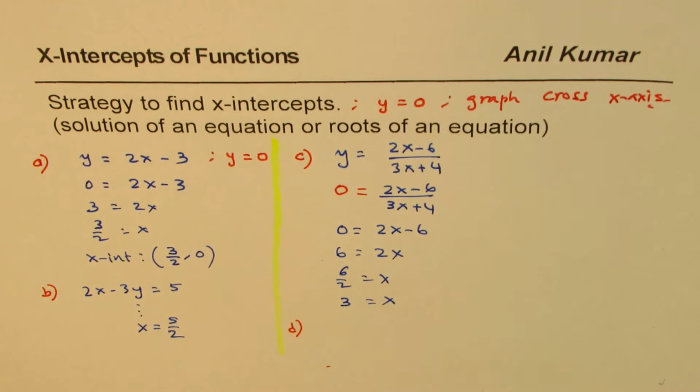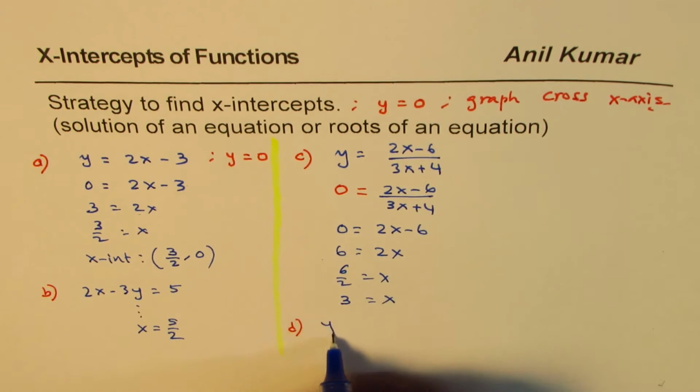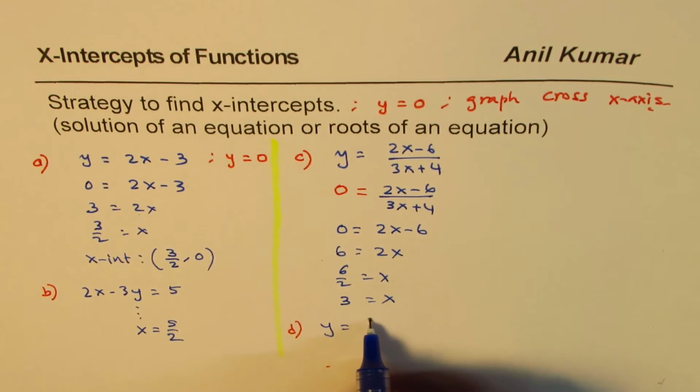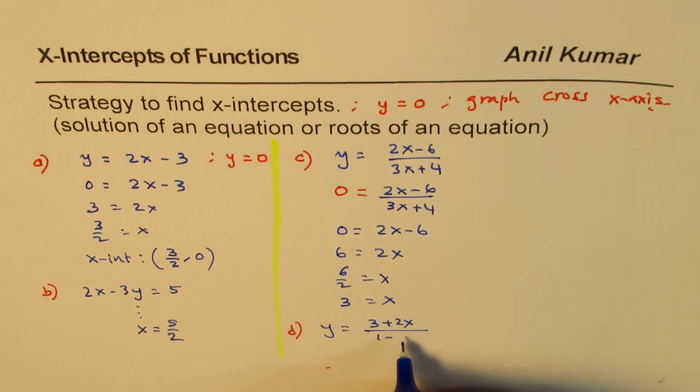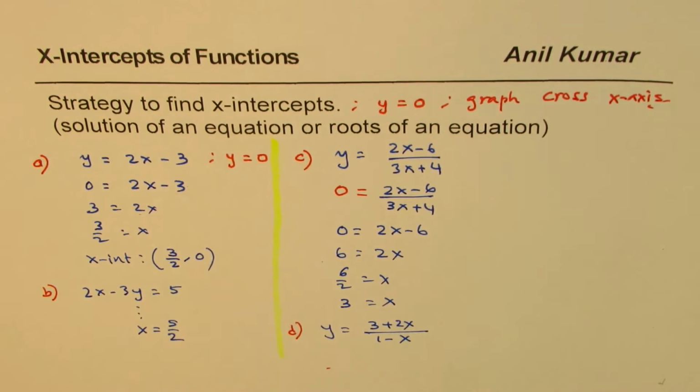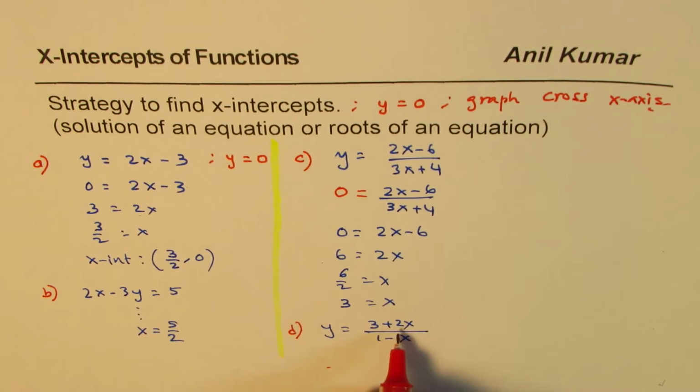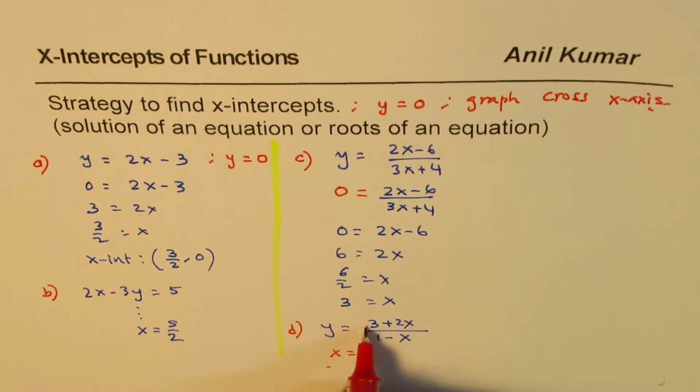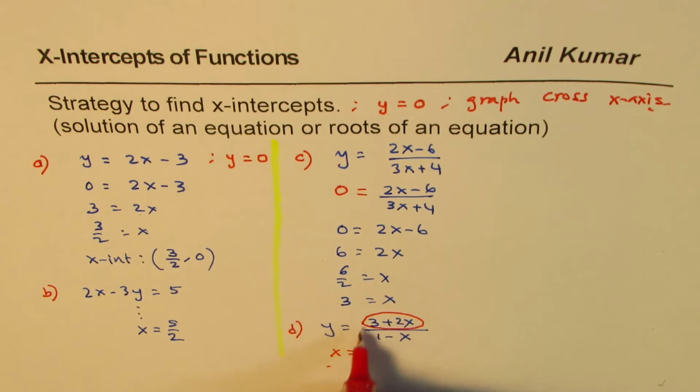Here is a practice question for you. Let me write this as y equals (3 plus 2x) divided by (1 minus x). Find the x-intercept for this one. Let me write down the answer. It should be x equals, when is the numerator 0?